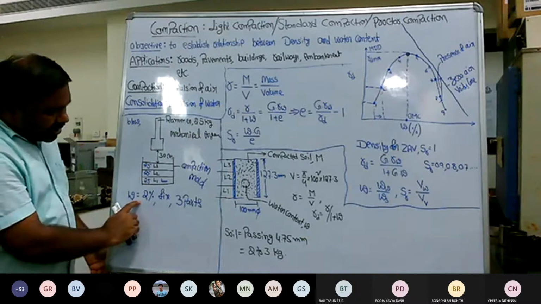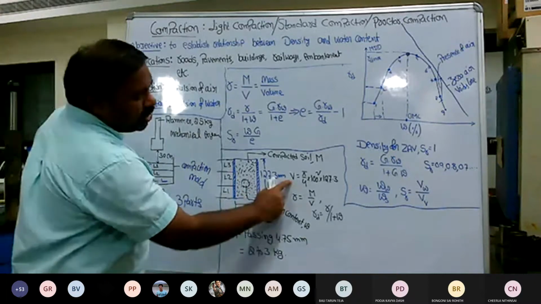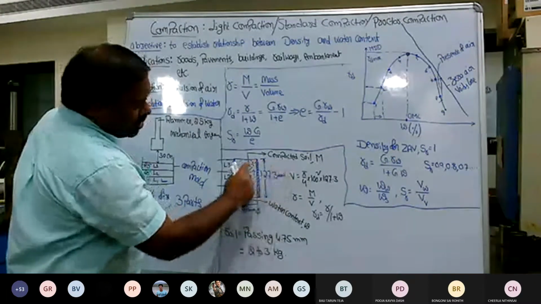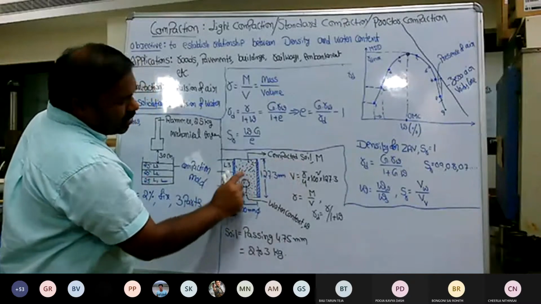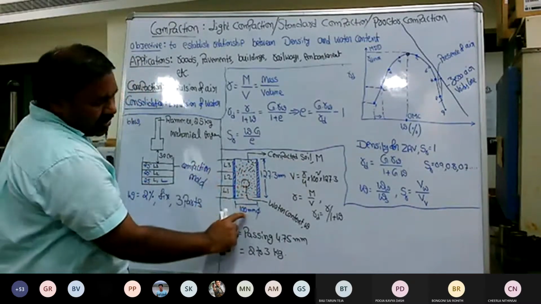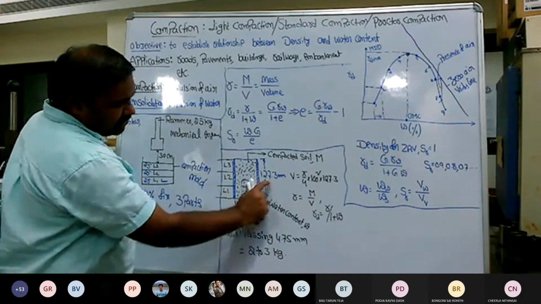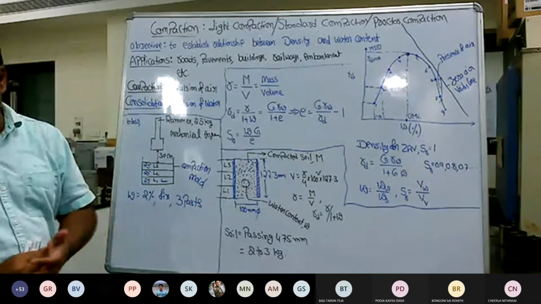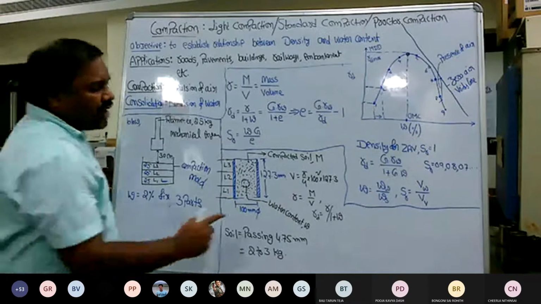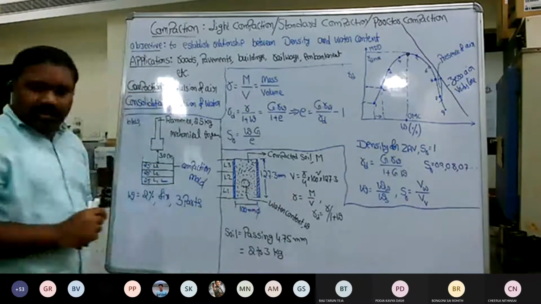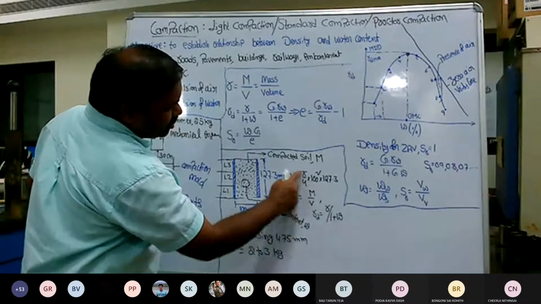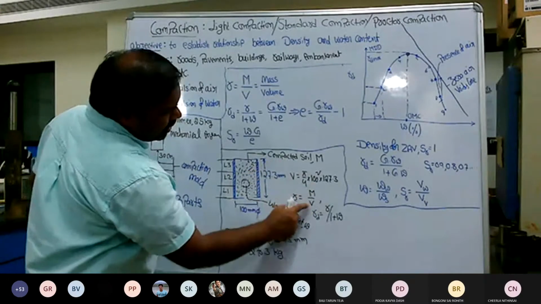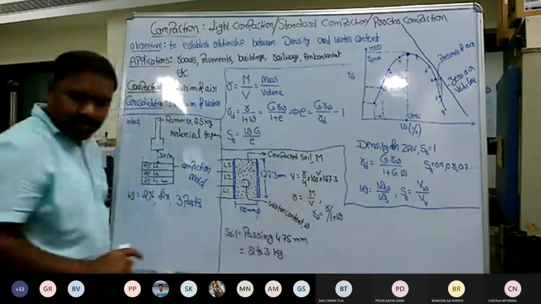Now I know the water content, I know the volume of the mold, and I know the mass of the soil compacted in 3 layers in the mold, which has a geometry of 100 millimeter diameter and 127.3 millimeter height. So I can straight away calculate the bulk density. Gamma is equal to the mass of the soil compacted in the mold divided by the volume of the mold.